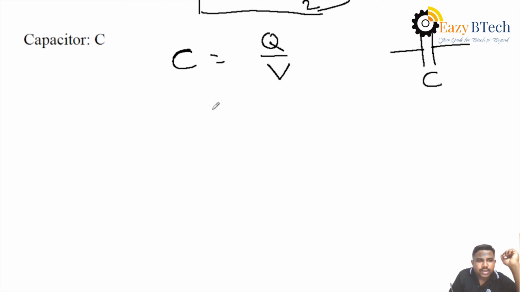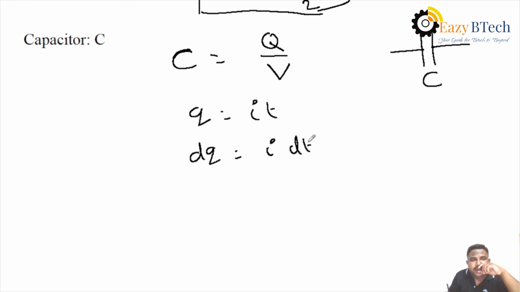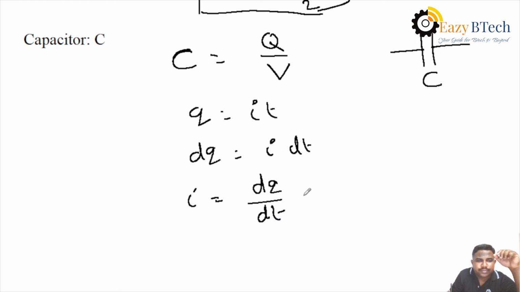We know that the charge Q equals current into time. From that, we can take the differential element dq, and the current value is I equal to dq by dt.